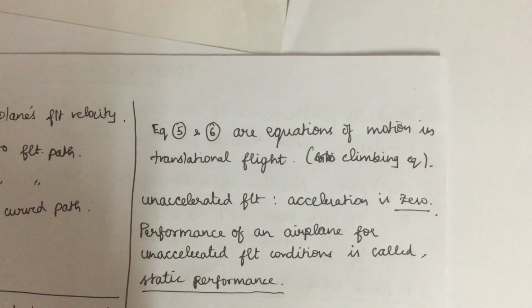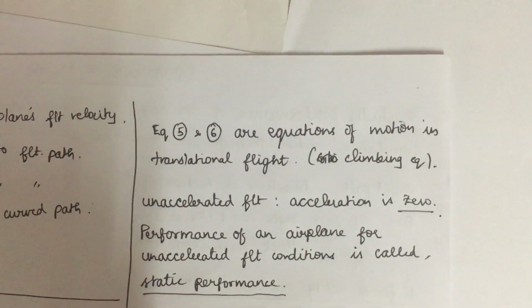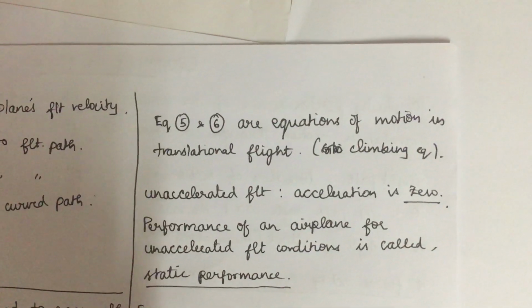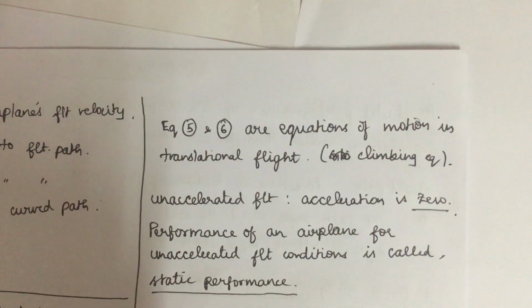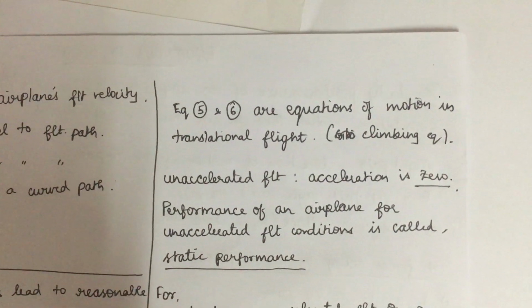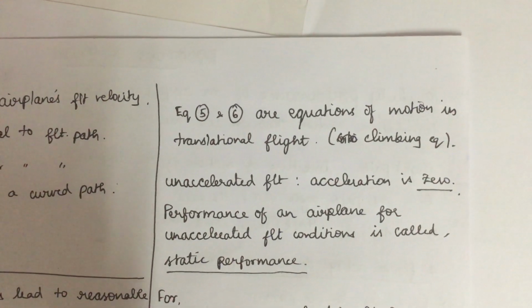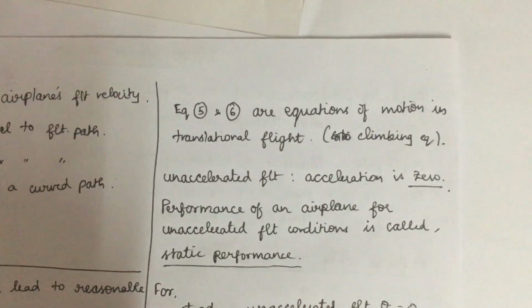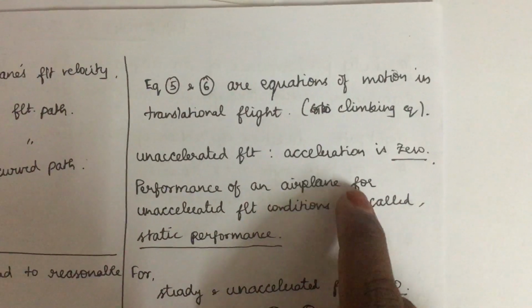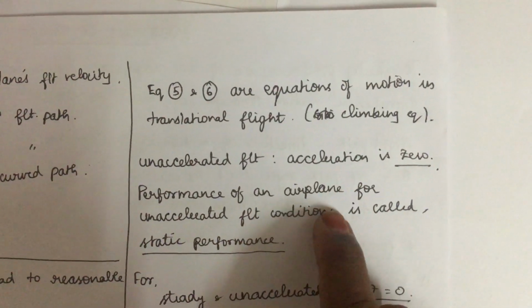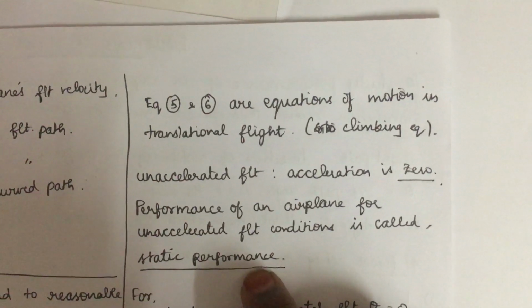So we are right now in the analysis of static performance. In the static case, there is no acceleration. The acceleration of an aircraft is going to be 0, and such a condition is called unaccelerated flight. So the performance of an airplane for unaccelerated flight conditions is called static performance.